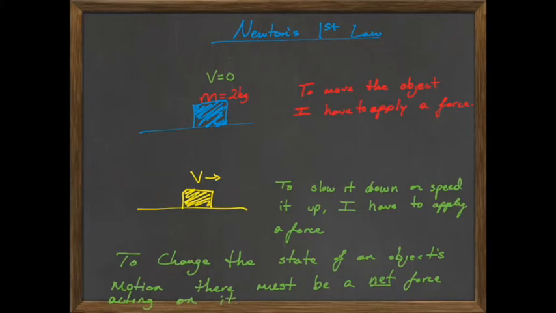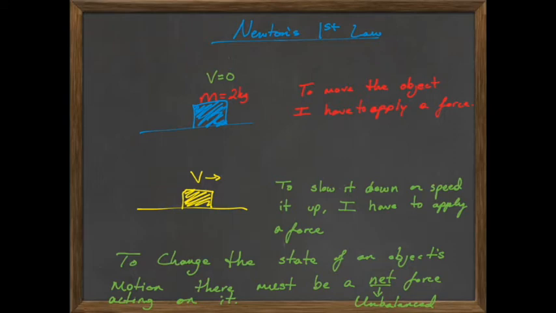And when we say net, what we really mean is some number, a total, not zero. Another way you'll see this, and it's written like this in the book, is an unbalanced force. Meaning that when I do the superposition and I add up all the forces, I do not get zero.